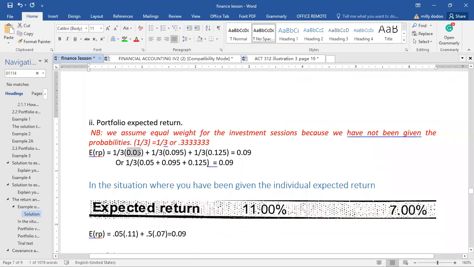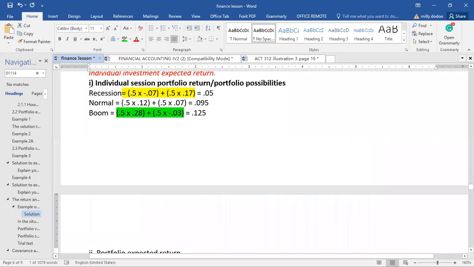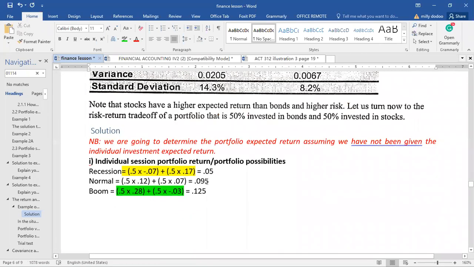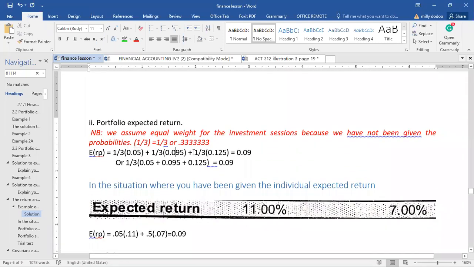multiplied by the first sectional expected return, 0.05. This particular 5% that we had over here is what we are replicating over here now. Plus the next probability, 1/3, multiplied by the second sectional expected return that we have, the 0.095 over here, plus the third 1/3, multiplied by the 12.5 that we have here, the 0.125 that we had over here.